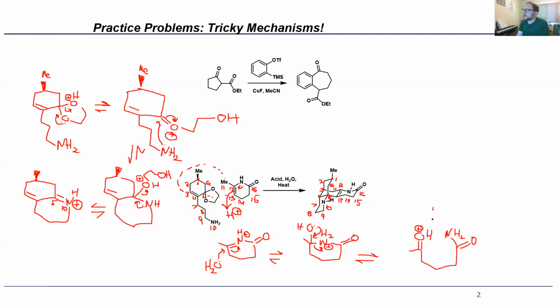And this exists in a series of tautomers, but we're going to examine this one first.